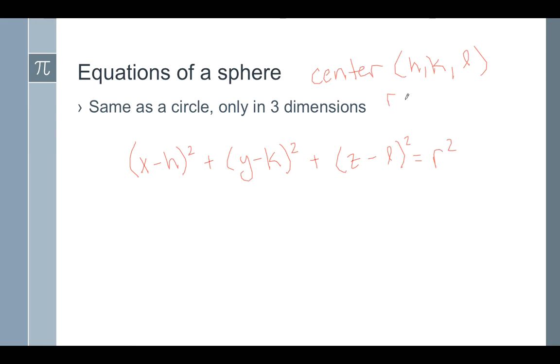Let's write that here. Radius r, just so you have it somewhere. Nothing to do actually with this lesson, but it might be a good thing to know: the volume of a sphere is 4/3 pi r cubed. Just a good formula to know, by the way.